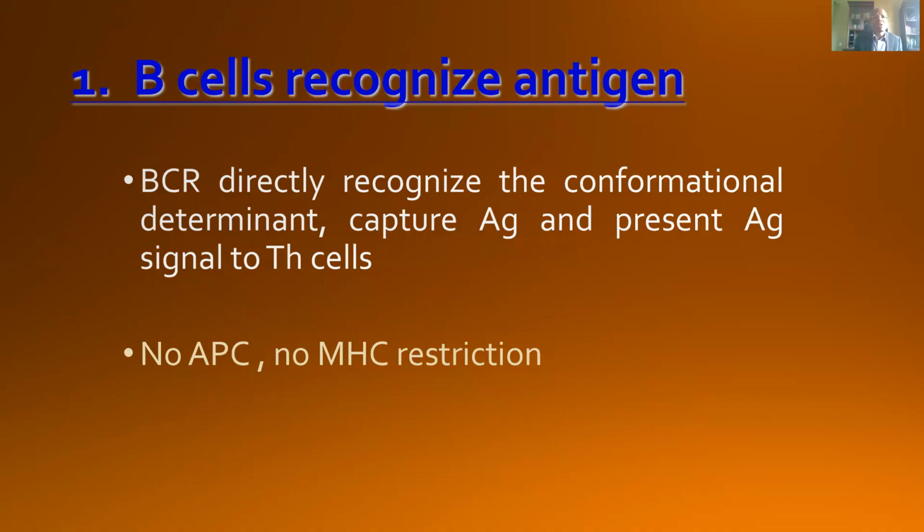So in short, the B cell recognizes antigen, and they don't require antigen presenting cells because they have a B cell receptor and are directly recognizing. That recognition is not based on a major histocompatibility antigen, so they are not restricted to that.